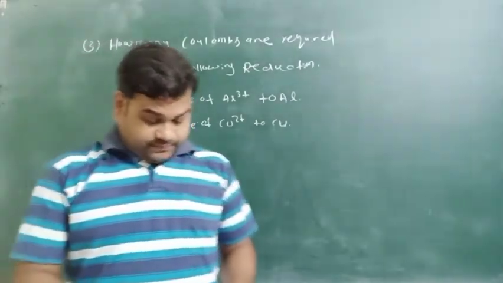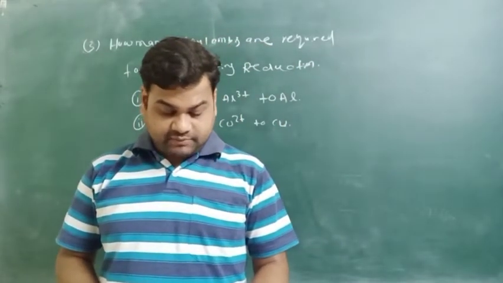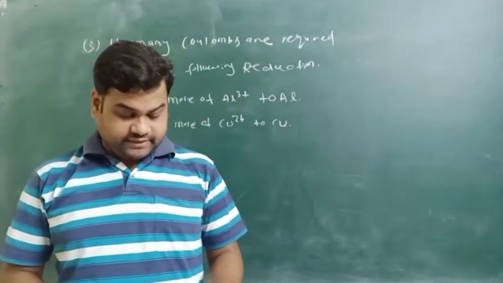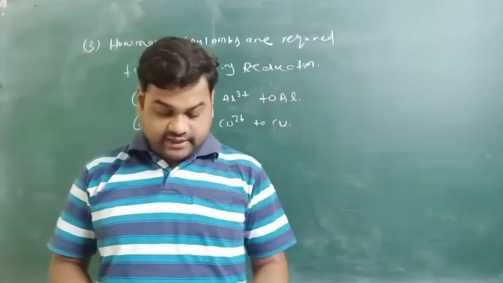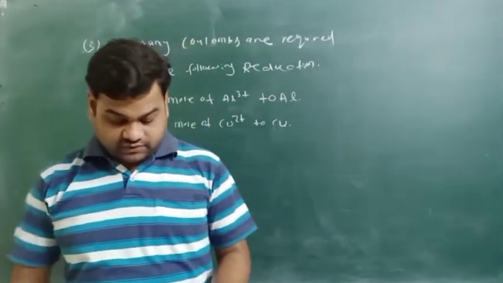We know that the electrode reaction is written as Al3+ + 3e- gives rise to Al. Therefore, the reduction of 1 mole of Al3+ ions to Al requires 3 moles of electrons.